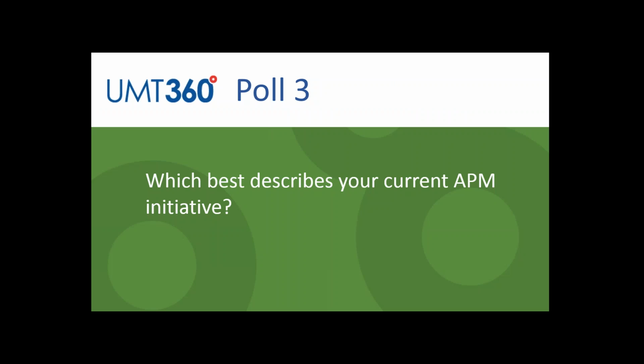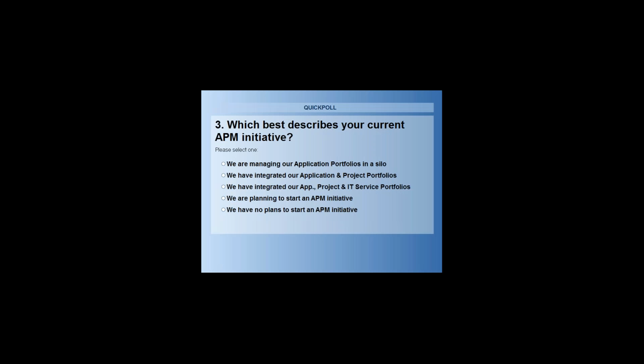So, last poll before we move to the Q&A. Which best describes your current application portfolio management process or initiative? The options we have here: we are managing our application portfolio or portfolios in a silo, which is a good thing, but we're just starting off with the application portfolio before trying to build that integrated picture.